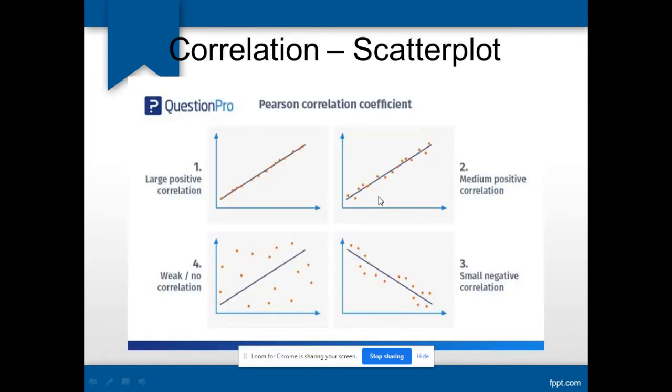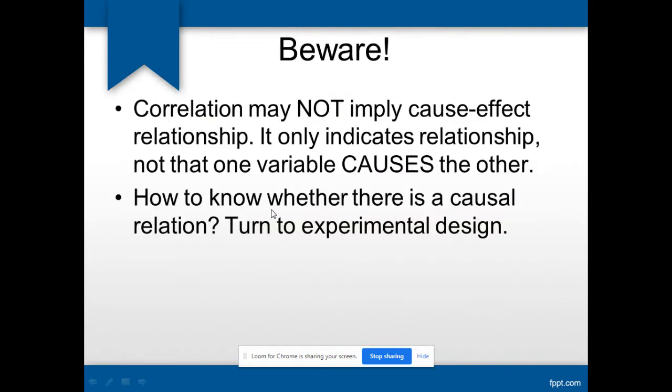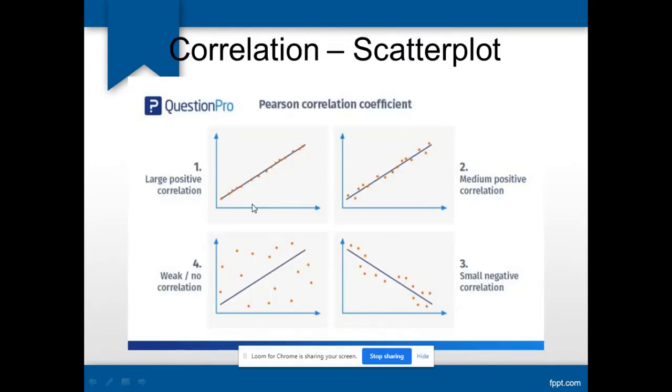Okay, now let me show you the possible outcomes of the correlations that I've just explained. So for example, you have a large positive correlation here. This is called a scatter plot diagram. This is the vocabulary mastery on this axis, and this is the English proficiency.